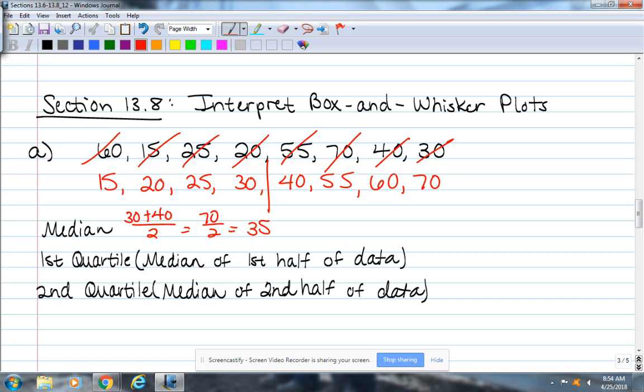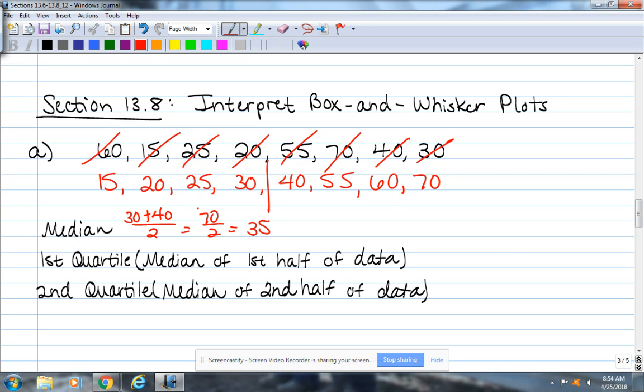All right, now to get the edge of my box, I've got to find my first and second quartiles. Okay? The way I do that is I find the median of the first half of the data for quartile 1, and for the other quartile, I find the median of the second half of the data. So my middle of my data was between 30 and 40, right? So I have 4 numbers to the left of that.